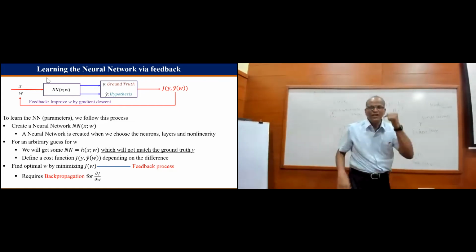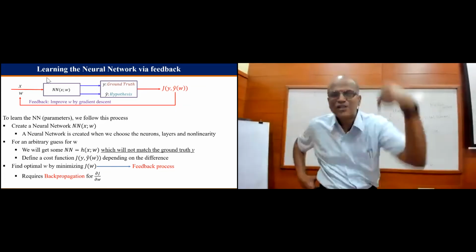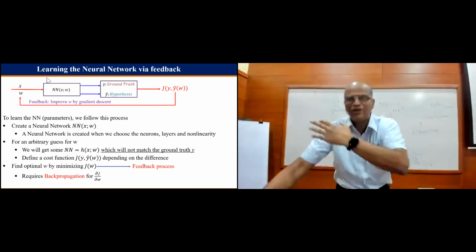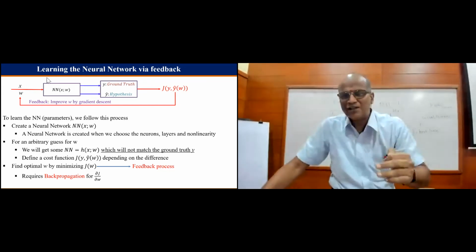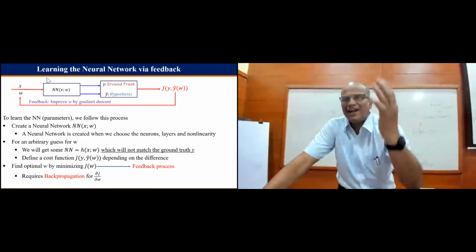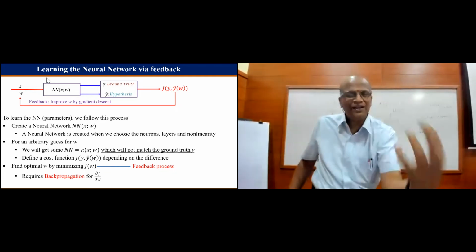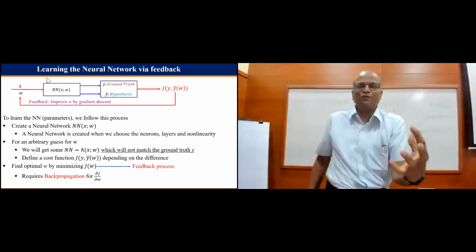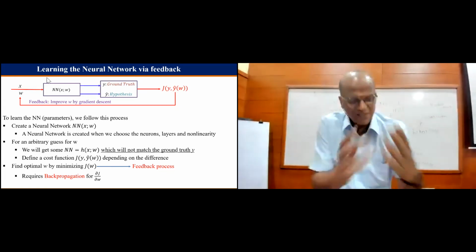Now comes a fundamental trick which is applied by the machine learning expert, which is called backpropagation, which is outside the field of statistics. This backpropagation is core to the neural network because it beats this idea hands down, because the machine learning experts have a very efficient way of solving this optimization problem by calculating the Jacobian. What is a Jacobian?